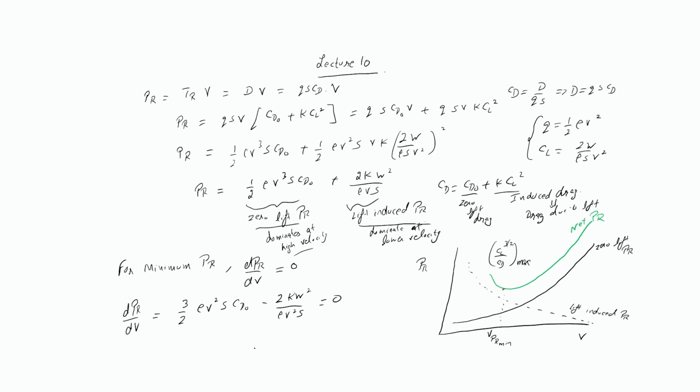Then let us solve this. So 3 by 2 rho V square S CD naught equals K W square. I can write here half rho V square S, so this becomes 3 by 2 rho V square S CD naught.